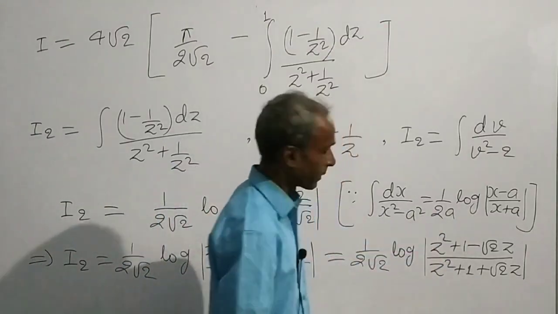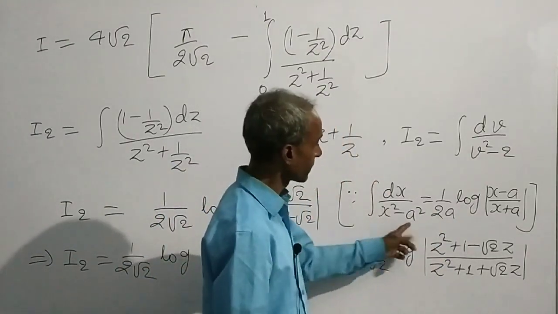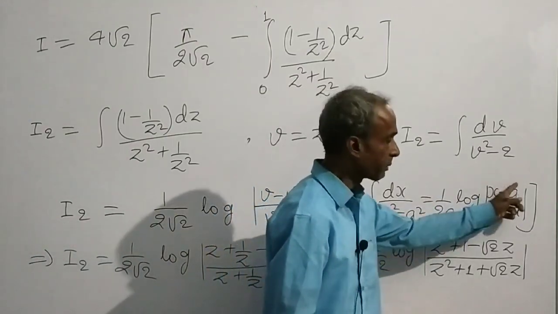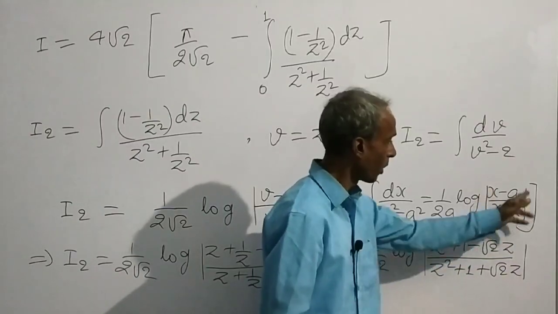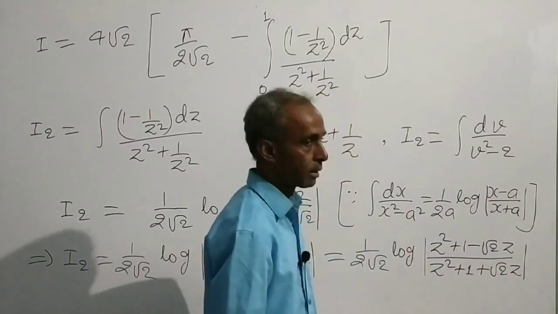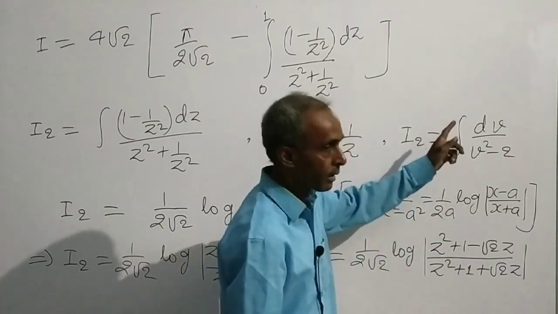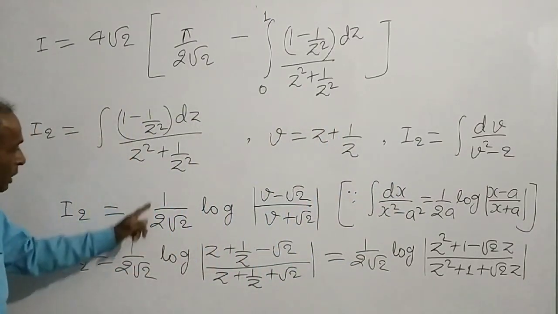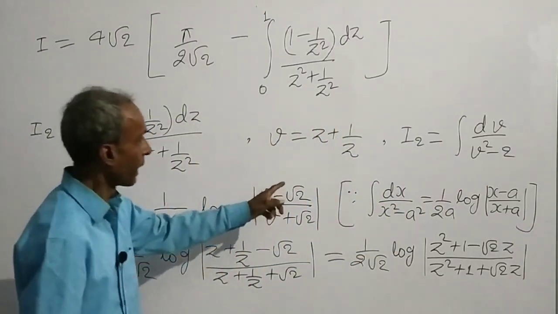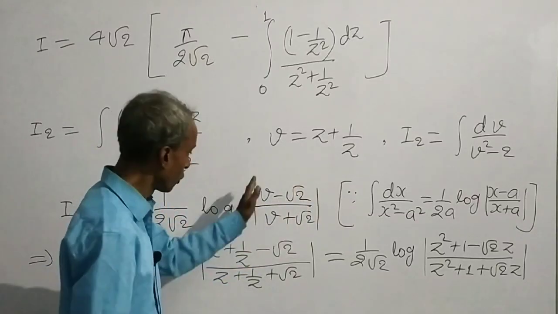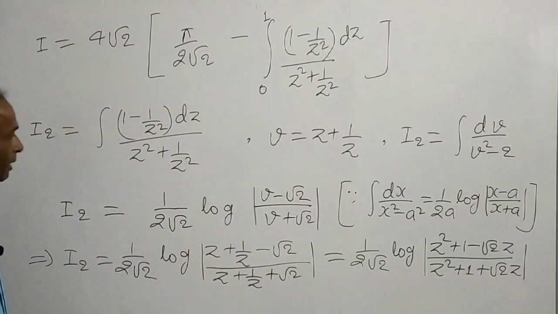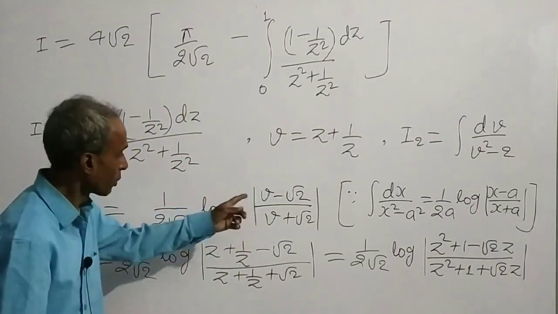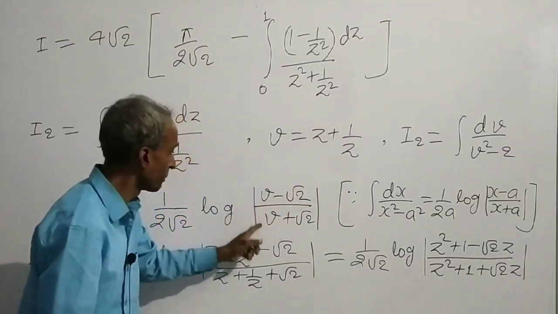This is formula. Integration of dx by x square minus a square is equal to 1 by 2a times log mod of x minus a by x plus a. By applying this formula in this integral, we can write I2 as 1 by 2 root 2 log mod of v minus root 2 by v plus root 2. But v is equal to z plus 1 by z. Therefore, we write z plus 1 by z in place of v.